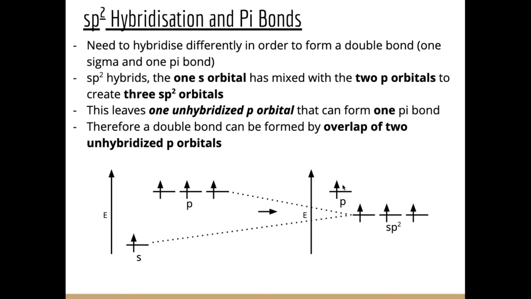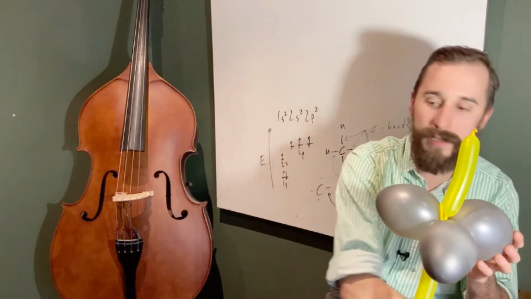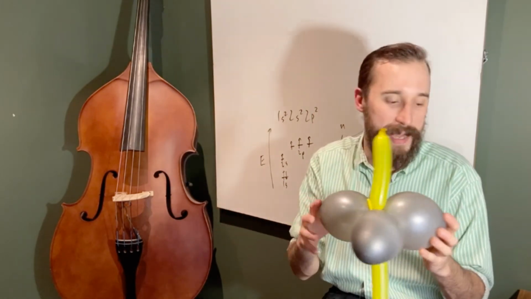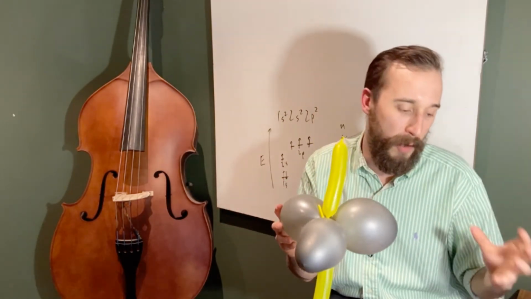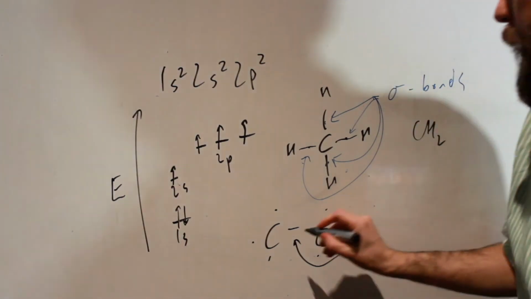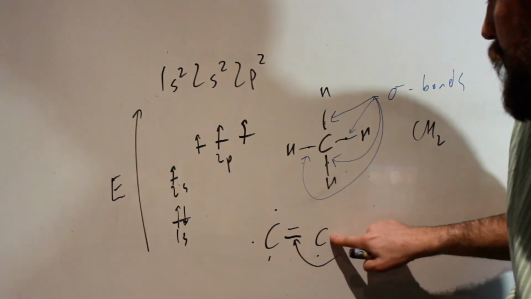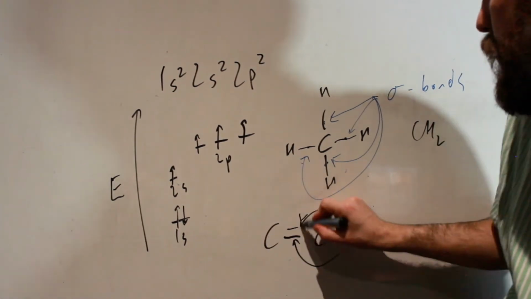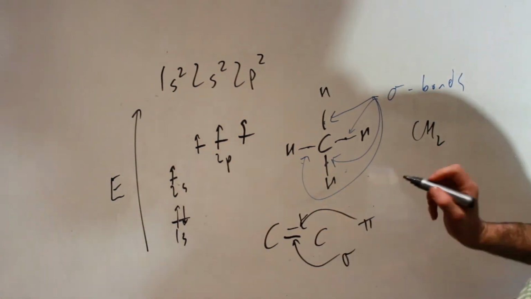So this is that p orbital there, and then I get three equivalent sp2 orbitals, which are my silver ones. So what we can do here is we can form a pi bond. We can form a double bond, for example, in the case of C double bond C. So now we've got a sigma, and we've also got a pi bond. So I've got a sigma there, I've got a pi there.